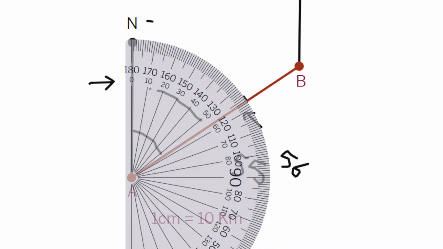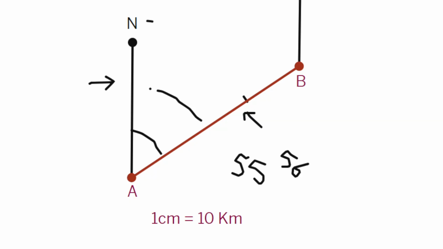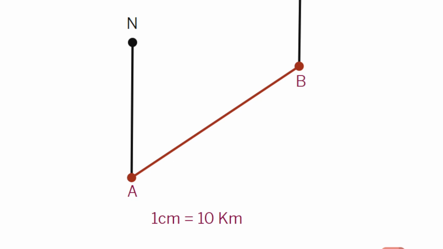But then why is there a difference? It's just because of how we put the protractor. And the good thing about this is that in the exam they give ranges. So they say that the full mark is between, for example, 53 to 57. So don't worry, just try to make your work nice, and then you'll get the mark. Did you get me? Just don't be fast and try to do your best. So this is now 55 degrees.